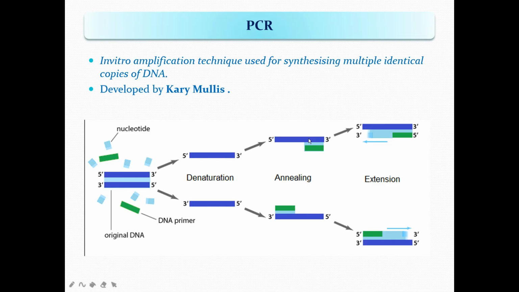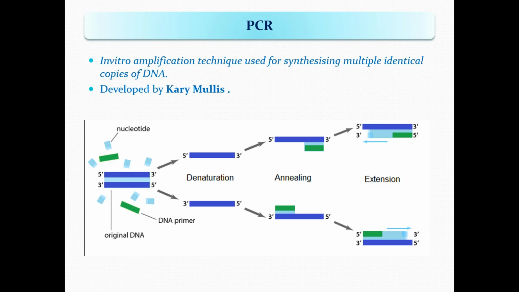During primer extension, the temperature of the mixture is increased up to 75 degrees Celsius for a sufficient period of time to allow the Taq DNA polymerase to extend the primer on each of these DNA templates.